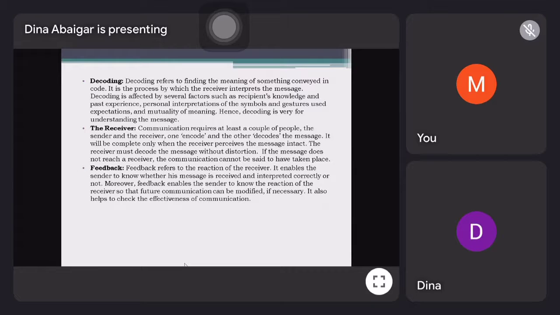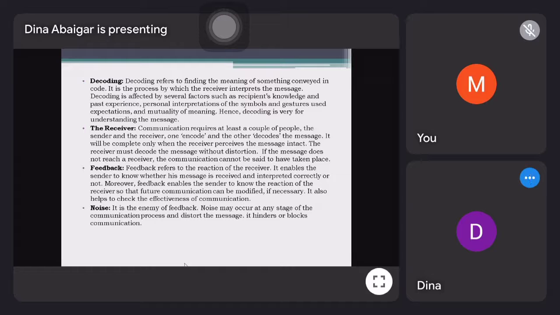Feedback allows the receiver to give comments about what the sender was talking about, or what the sender is trying to address.